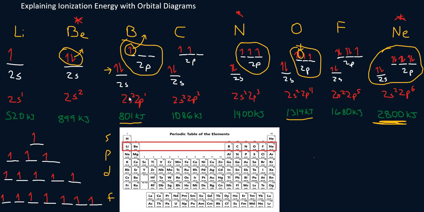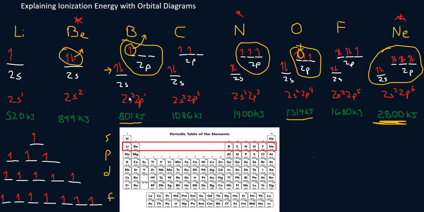So hopefully this is one of the magic tricks, I guess you could say, with orbital diagrams with electron configuration. We can use them to help explain some of the phenomena that we see with the periodic table that we otherwise wouldn't pay much attention to if we didn't have them as a visual guide to show where the electrons are going and why removing them might take more energy for one versus less energy for the other.